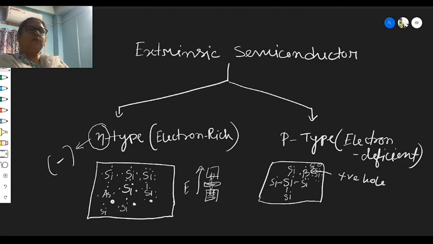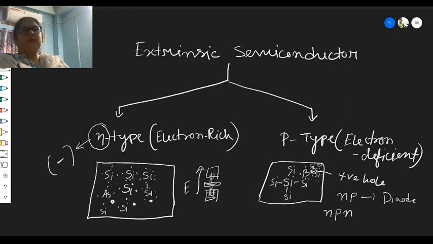Because of these two types of impurity semiconductors, that is when we add impurity, we get these two types of extrinsic semiconductor, and the conductivity will increase. We can use N-type and P-type semiconductors in our day-to-day electrical gadgets, as diodes and in transistors. If it is only a combination of N and P, then we call it a diode.